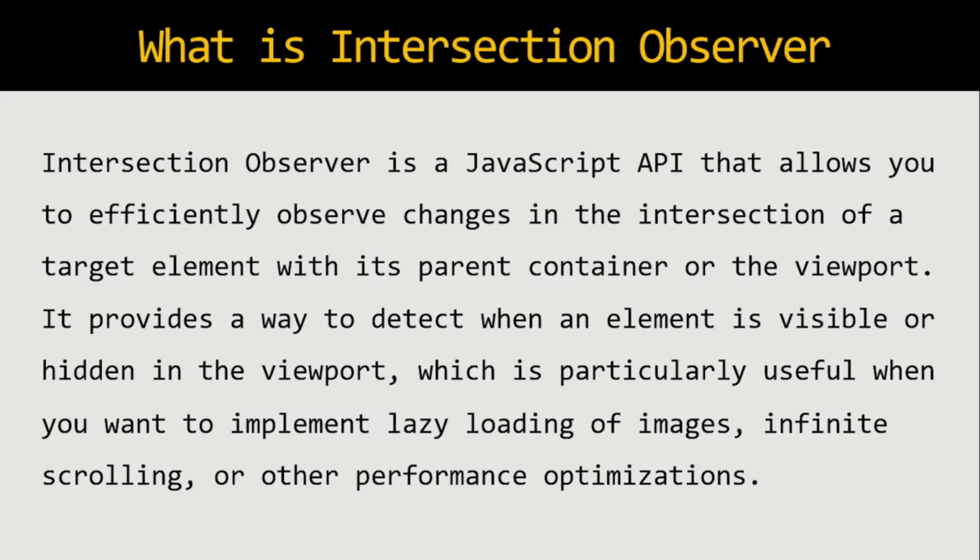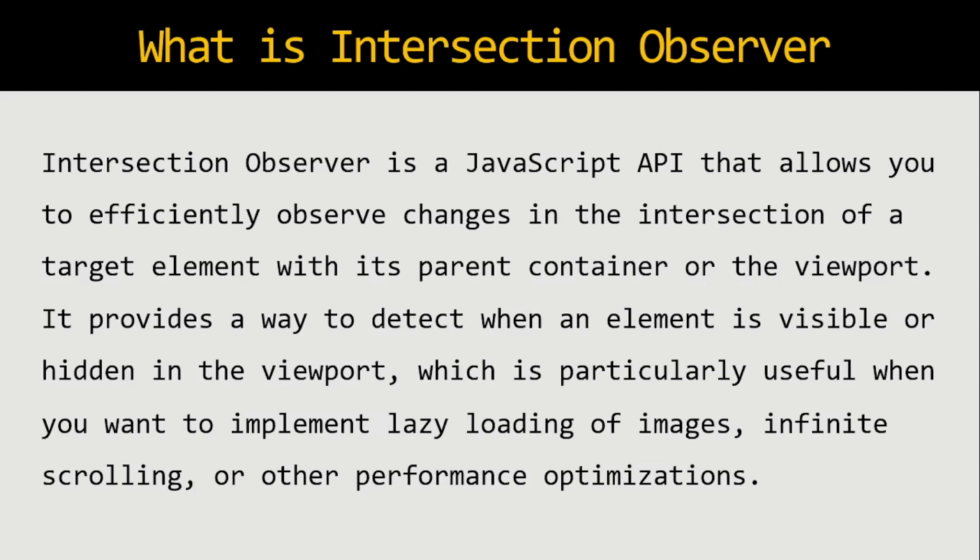That is very important to understand at this point. It provides a way to detect when an element is visible or hidden in the viewport, which is particularly useful when you want to implement things like lazy loading of images, infinite scrolling.